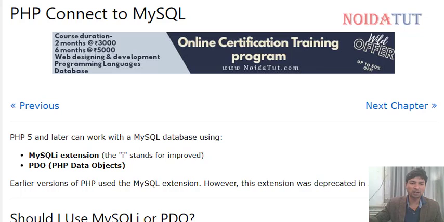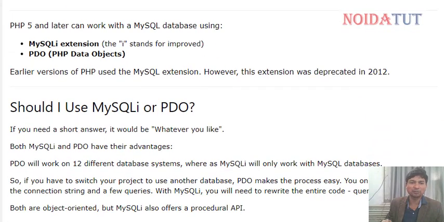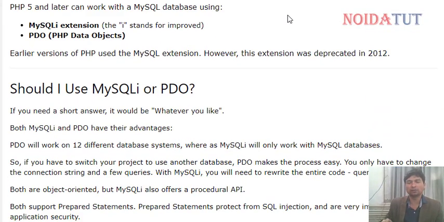The other part is PDO. PDO is PHP Data Objects, and we can say that it is a different framework to work with PHP. PDO is the object-oriented version of PHP.